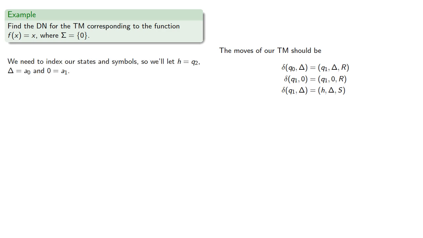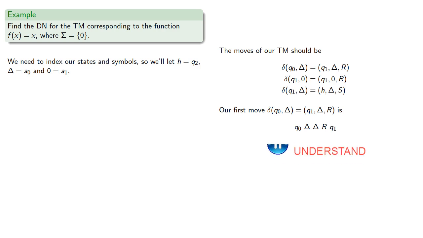So we'll let our halt state be state Q2. The blank, we'll let that be symbol A0, and the symbol 0, we'll let that be A1. So in our first move, we're in state Q0, we read blank, we print blank, move right, and change to state Q1.